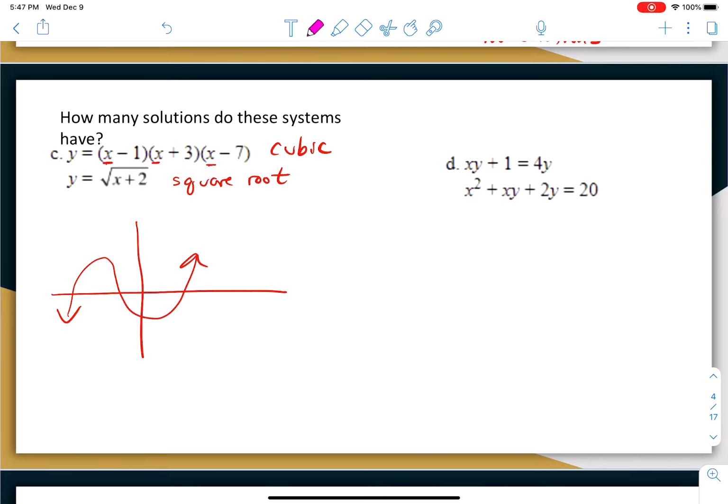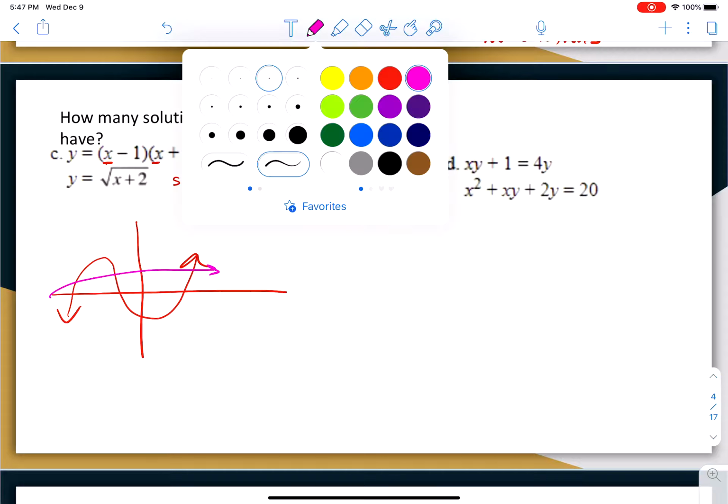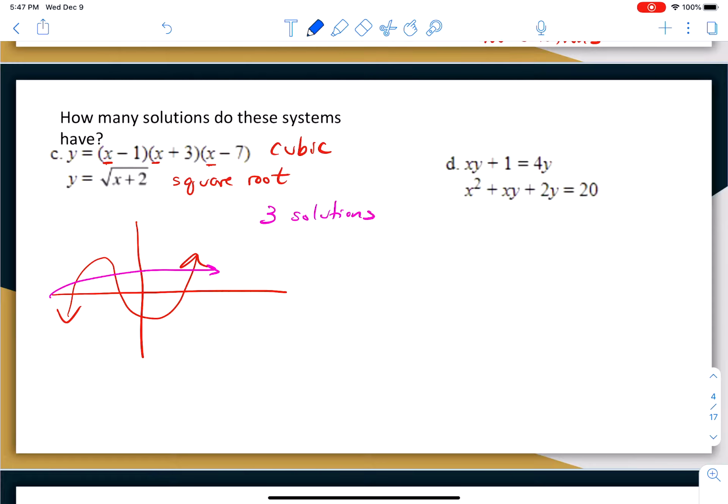my square root equation could hit that graph in 3 points. Or I could have a square root that only intersected that graph in 2 locations.